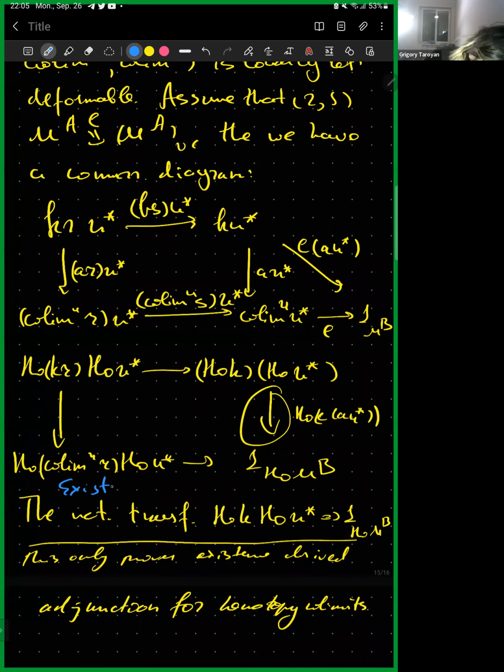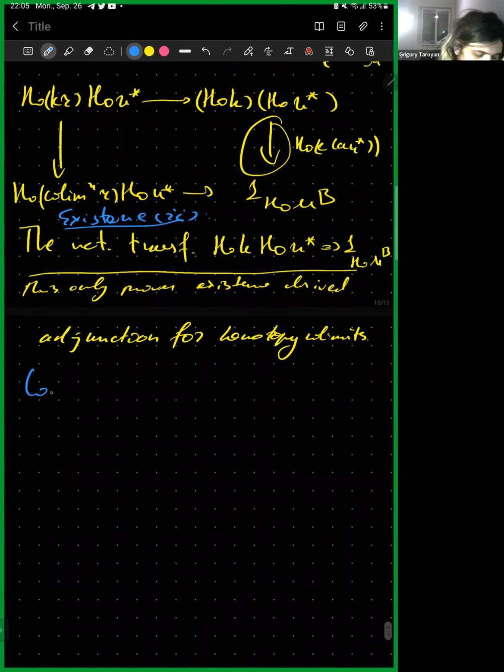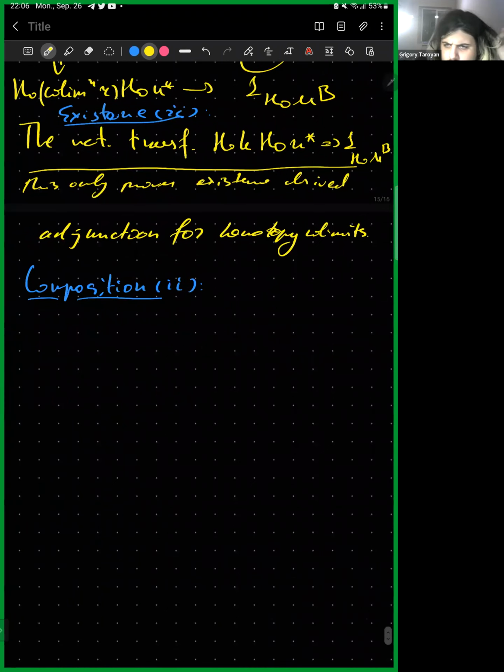So this is the second part of existence, and about the second part of the composition, which I mistakenly stated was proven, which asserts that the composition of derived adjunctions is the derived adjunction of the composition, it requires the following quite large diagram, which gives us the desired result.